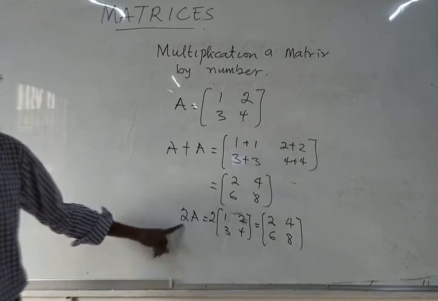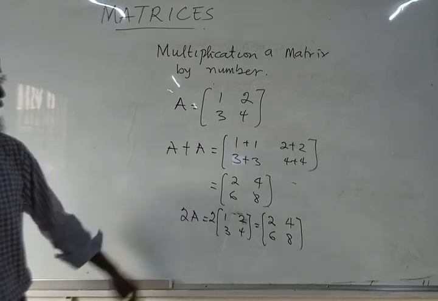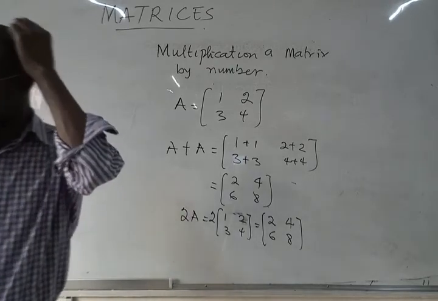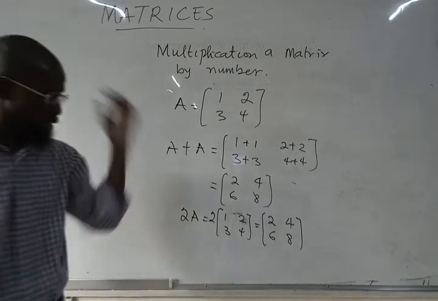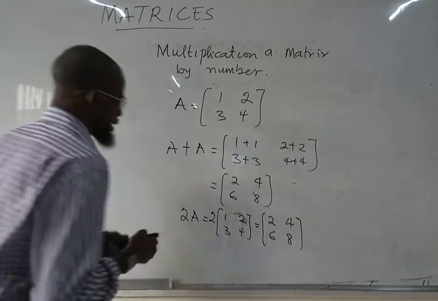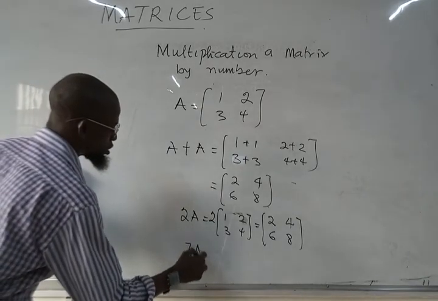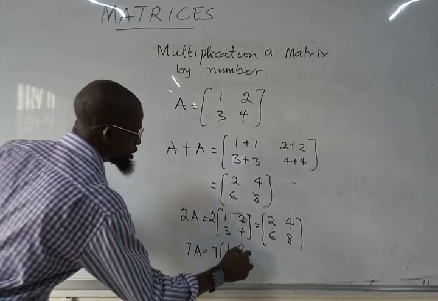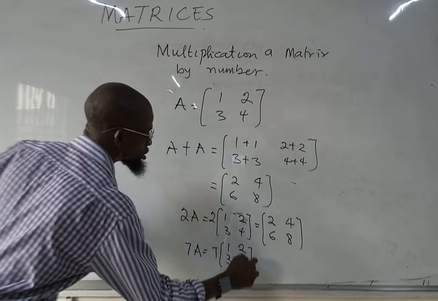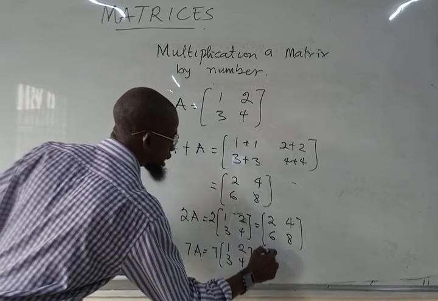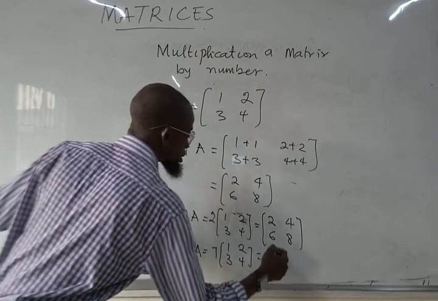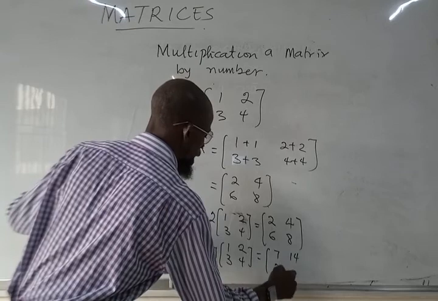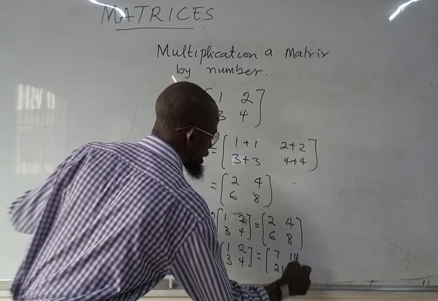That is, our A now is this, and our K is 2. So let's take another example. If I ask you to multiply my A by 7, it means I have 7 outside this, and that will give me 7, 14, 21, and 28.